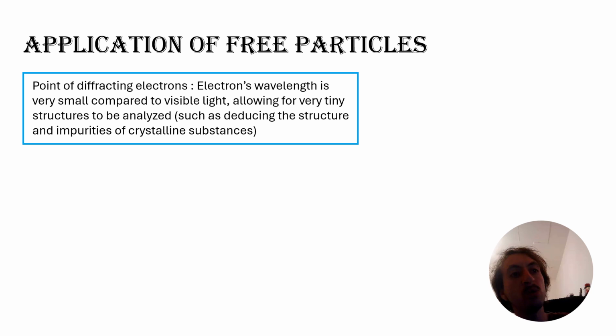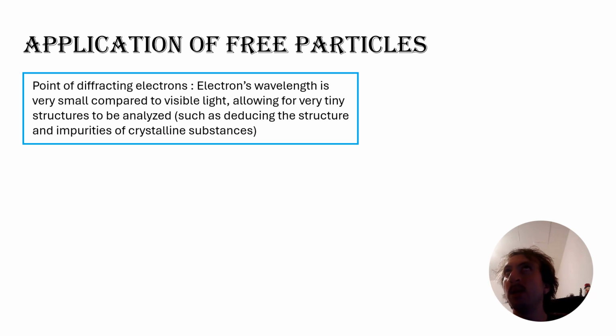Because of the velocities subatomic particles can easily be made to move at, and their relative masses, it turns out that subatomic particles have the wavelength we would really need to look at the structure of materials at an atomic level.